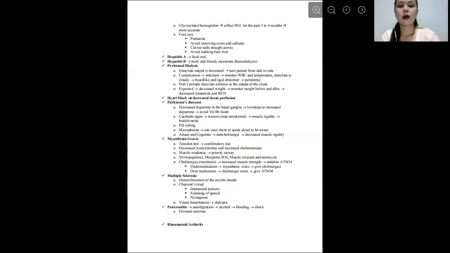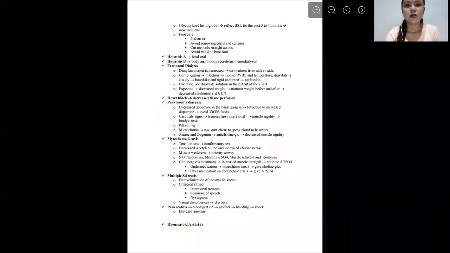A cause of pancreatitis is excess or abuse intake of alcohol. It can cause bleeding, ulcers, then bleeding and shock. There is elevated amylase, because our pancreas does not function well.